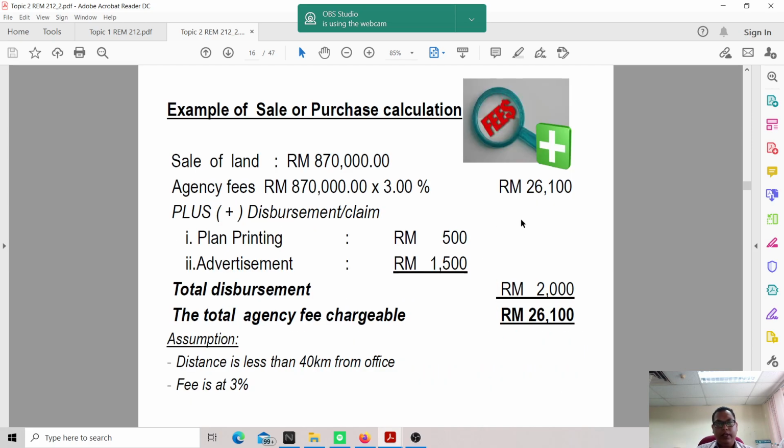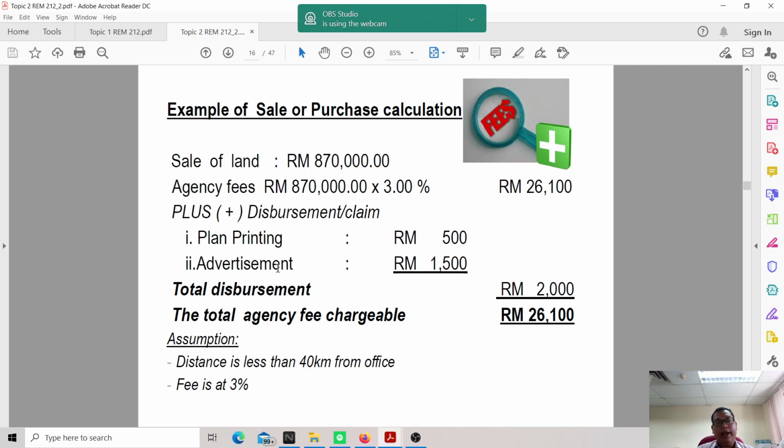So for an example of the calculation, let's say we look at the sale of land at 870,000 ringgit. You are trying to sell 870,000, you times it with 3%, then the total amount is 26,100 ringgit, plus other claims, like you print the plan and you conduct the advertisement, like you print the billboard in a professional manner.